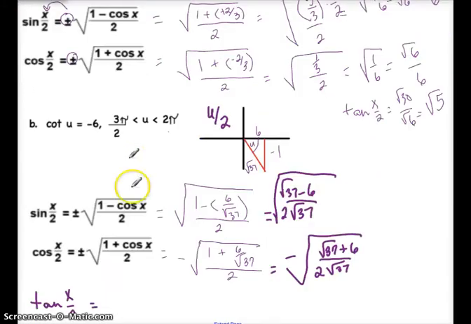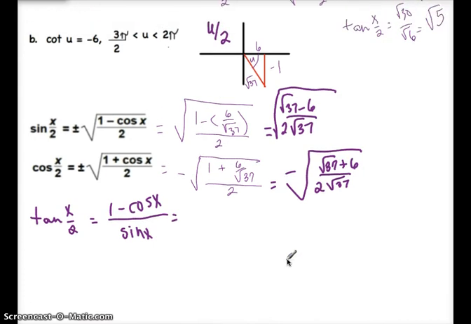So let's expand that. 1 minus the cosine of x divided by the sine of x. Remember, you are still most welcome to use sine divided by cosine, but I just want to model using one of the formulas so you've got that available to you.